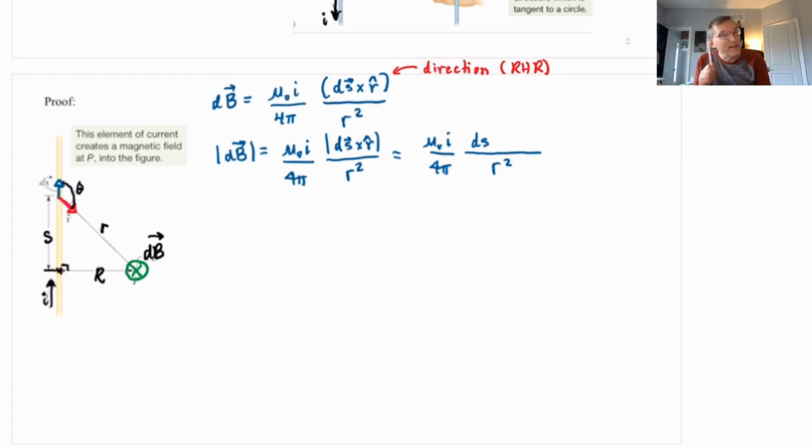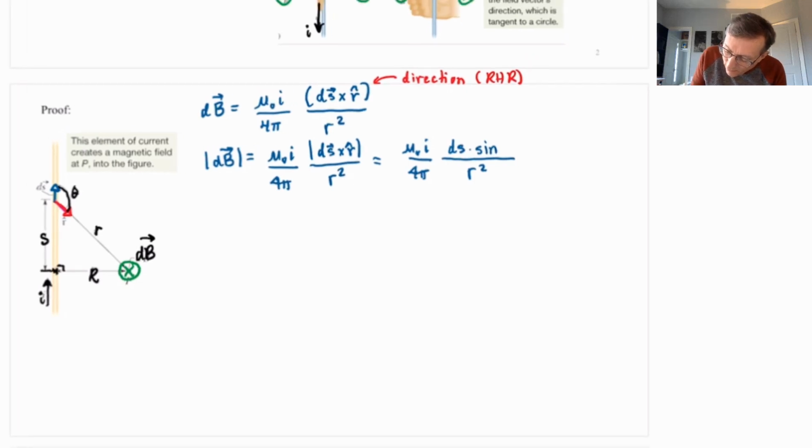Oh, wait a minute. Magnitude of r hat. Any unit vector has magnitude 1, so times 1, times the sine of the angle between ds and r hat, which is that angle in our picture that's labeled theta. Okay? All right, so we've got the magnitude and the direction of dB from that one little element.